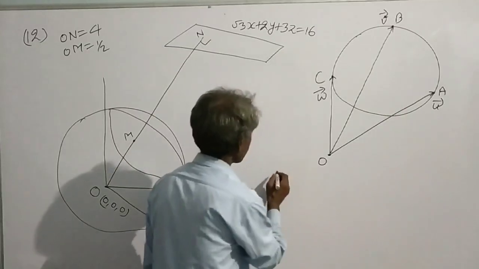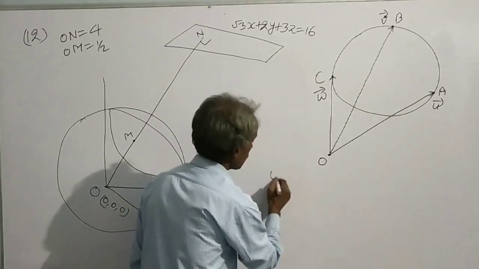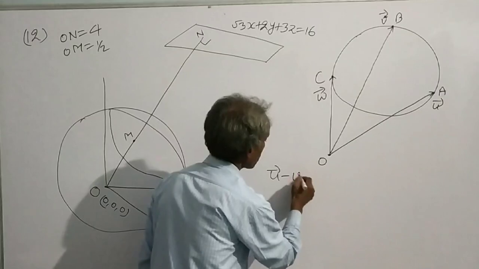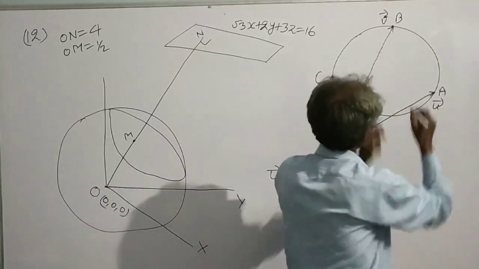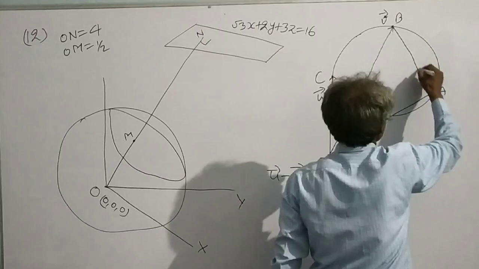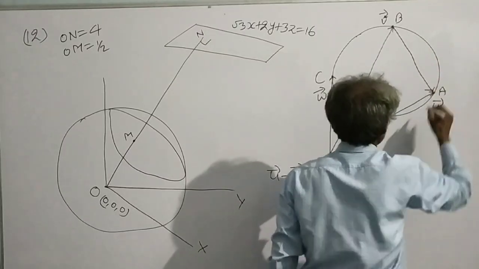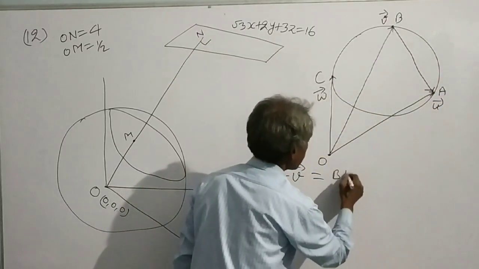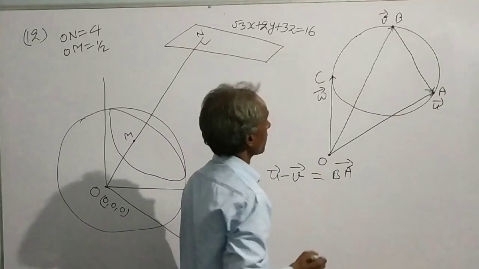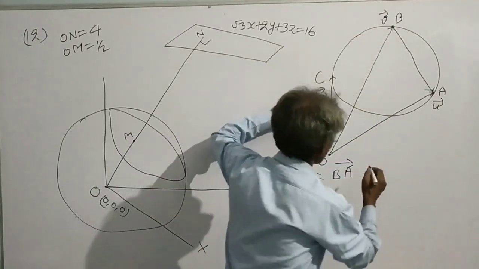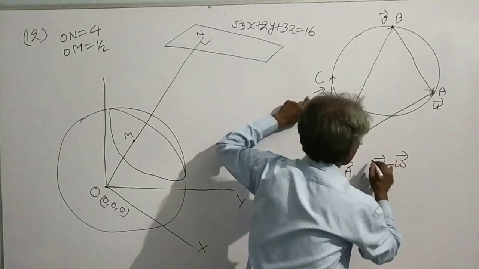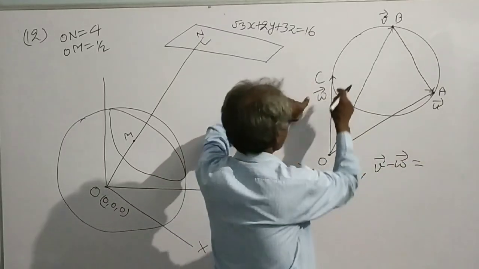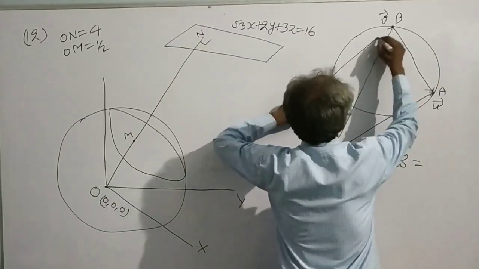then U minus V is the vector BA. V minus W is the vector CB.